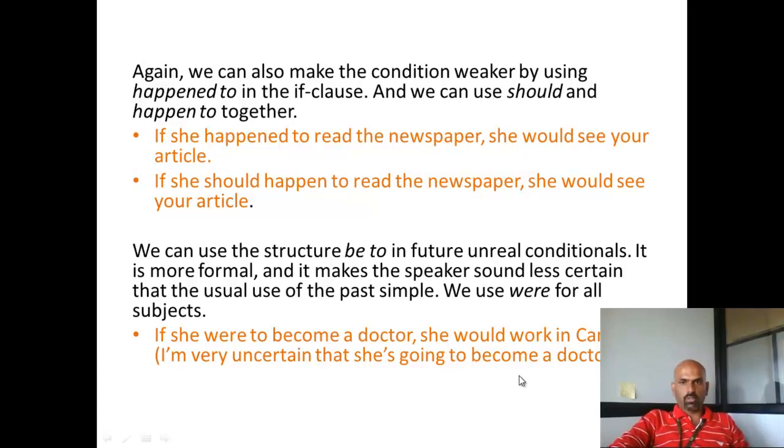It is more formal and makes the speaker sound less certain than the usual use of the past simple. In that case we can use "were" for all subjects. If she were to become a doctor, she would work in Canada. Actually, I am very uncertain that she is going to become a doctor. In that case, you can use this sentence.